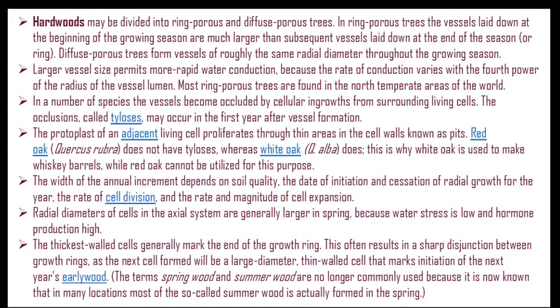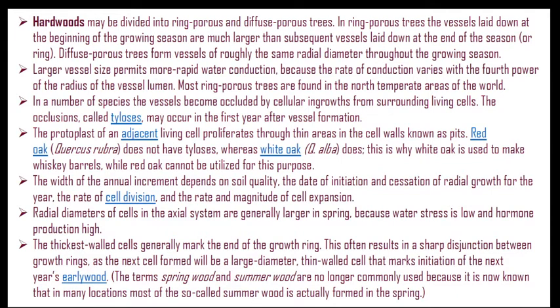In ring porous trees, the vessels laid down at the beginning of the growing season are much larger than subsequent vessels laid down at the end of the season. Diffuse porous trees form vessels of roughly the same radial diameter throughout the growing season. This is the difference between ring porous and diffuse porous trees.